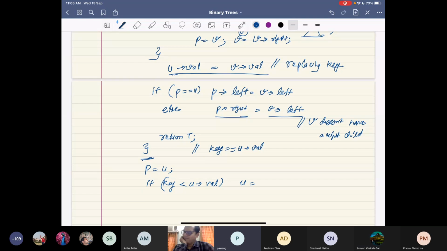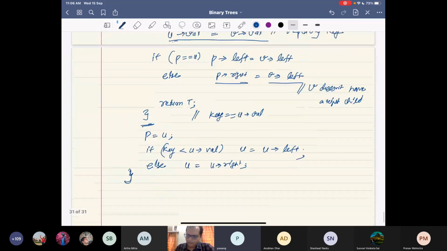If key is less than UL, what will be U? You are left. I have to go left. Or else I have to go right. And this will simply continue the while loop when you did not find the key. And at the end, you return.